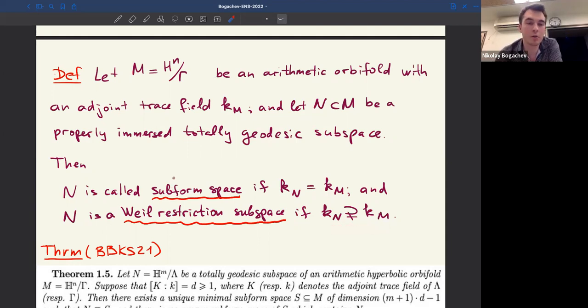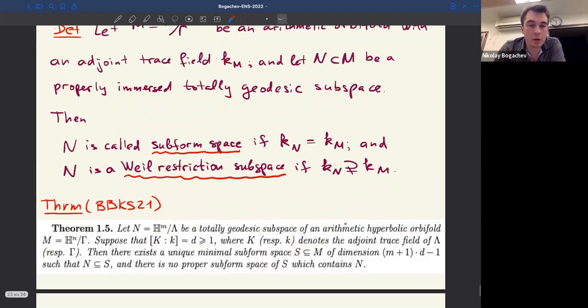So there are 2 types of suborbifolds: we call them subform spaces if the fields coincide, and we call the other type Weil restriction subspaces if the field can be bigger. And we provide some examples when we really have bigger fields of suborbifolds.